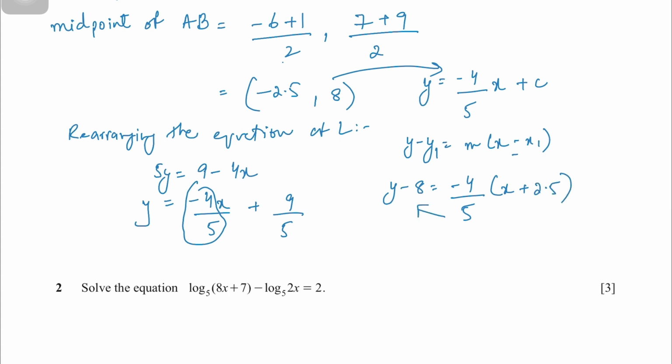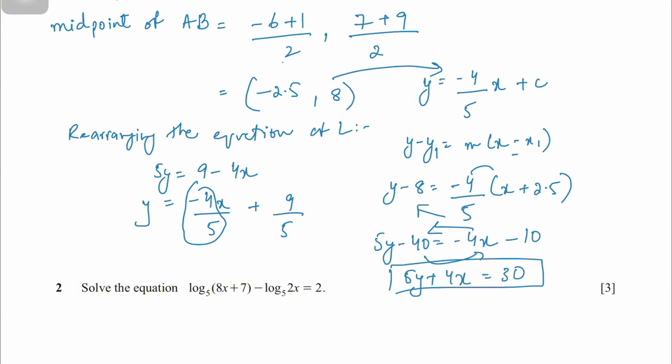The 5 will be multiplied and then 4 will be multiplied, so you'll get 5y minus 40 equals negative 4x minus 10. This would go over there and this would come over here. So this would be 5y plus 4x equals 30 as our final answer.